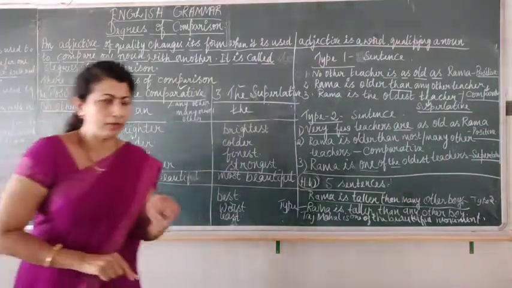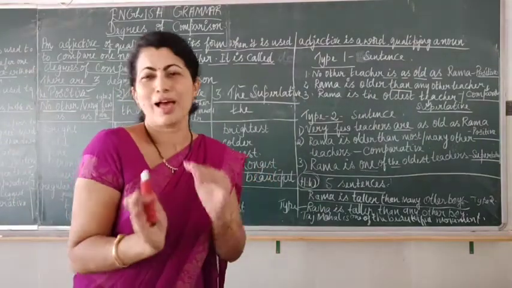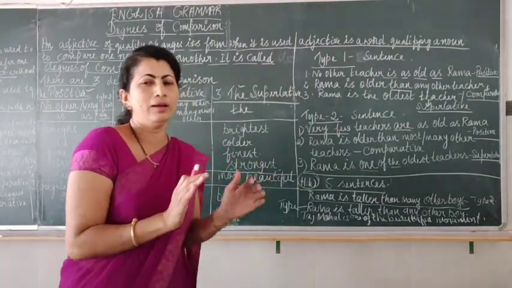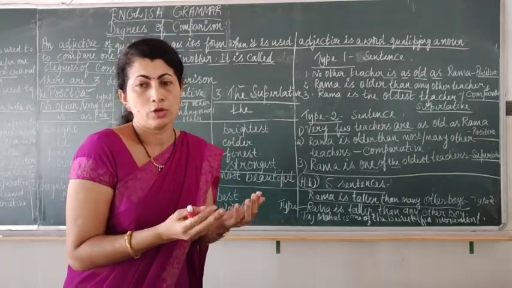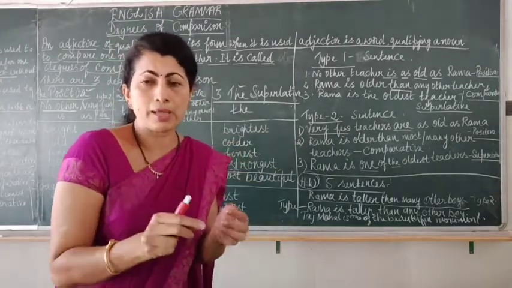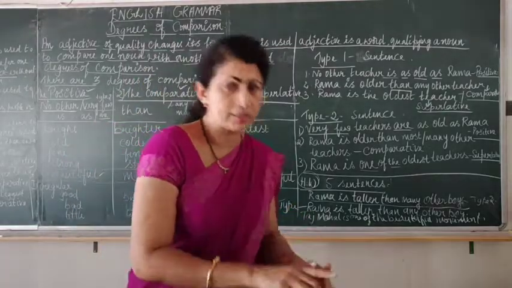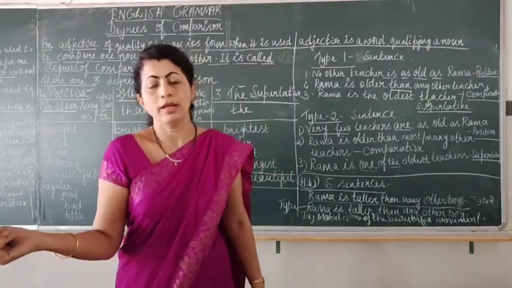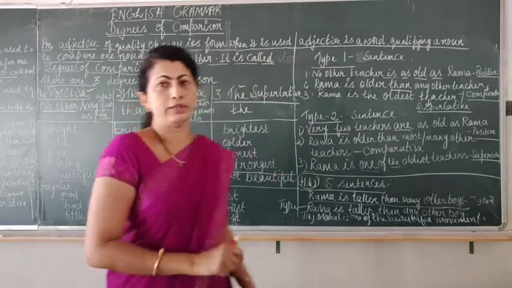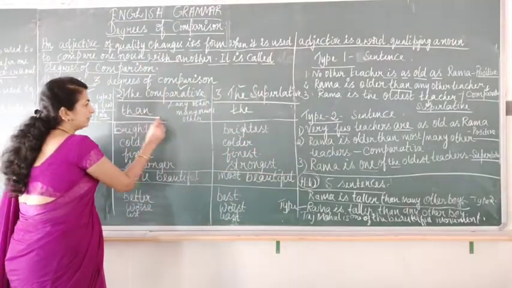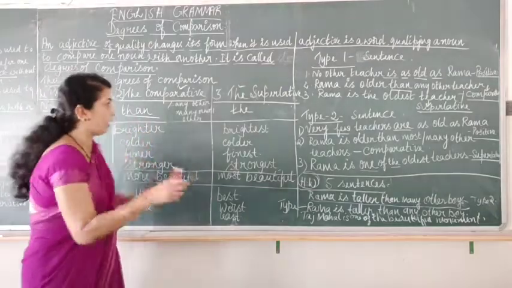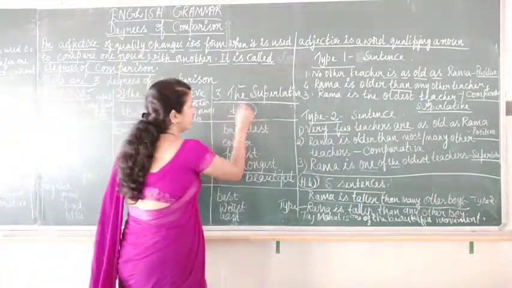That is in type 1, we use the extra word, or I will call it the bodyguard. Without that we cannot identify a sentence. So you should be able to identify the sentence and know how to change it into other degrees. Here, in the comparative degree, the bodyguard is than, and in the superlative, the.